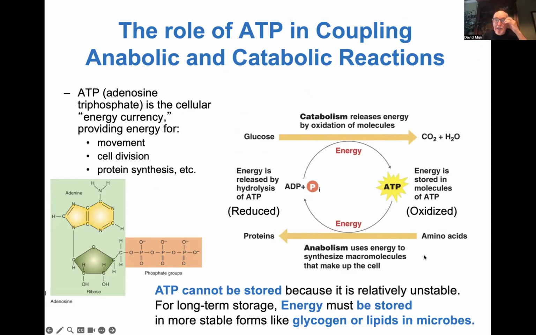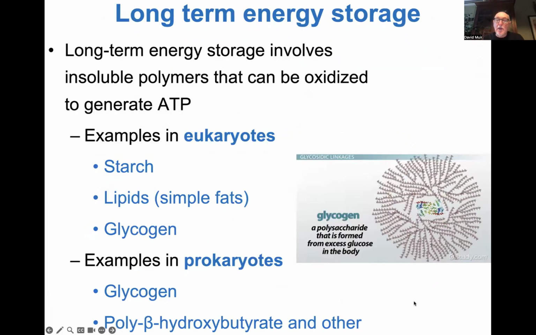Unfortunately, of course, ATP can't be stored. It's really very unstable. It's a short-term trading mechanism. And if we want to store energy for any length of time, it has to go into long-term storage compounds again. And it just needs to be mentioned.